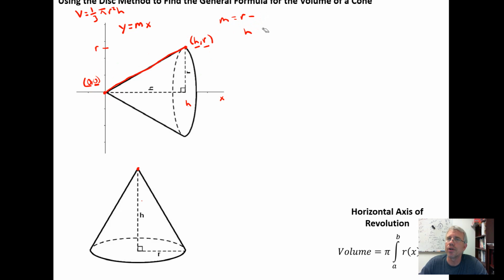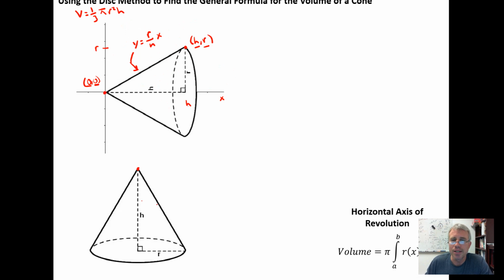It's just r over h. So rise over run is just going to be radius over height. So I can actually describe the equation of this line here as y equals radius over height, that's the slope, times x. So there's my mx plus b form of the equation of a line.